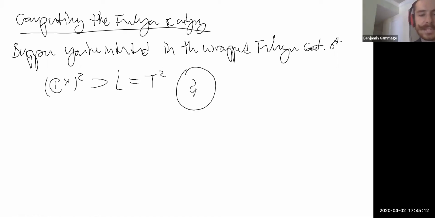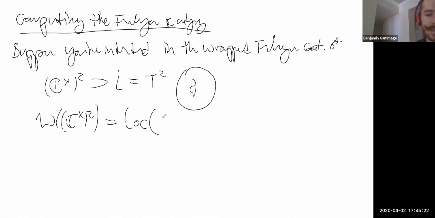And so the answer in this case is that the wrapped Fukaya category of C star squared is equal to the category of local systems on this 2 torus. Maybe any Fukaya category of C star squared is equal to some category of local systems on this 2 torus.